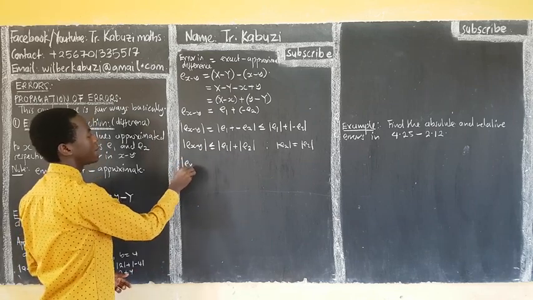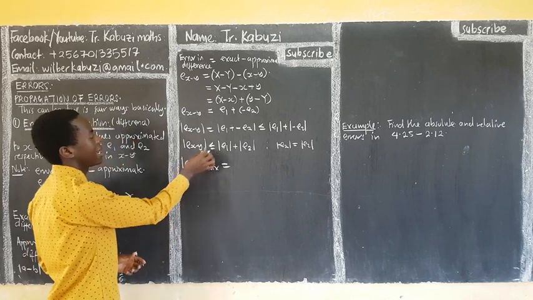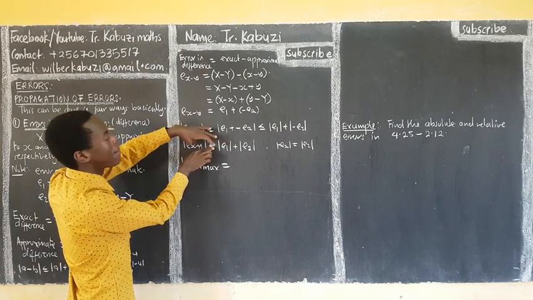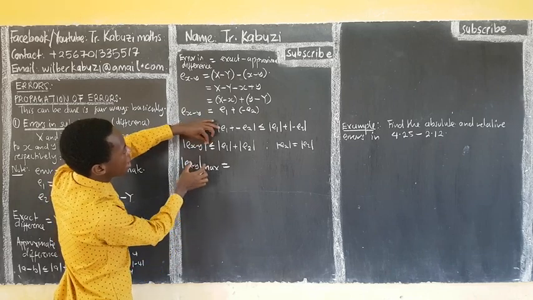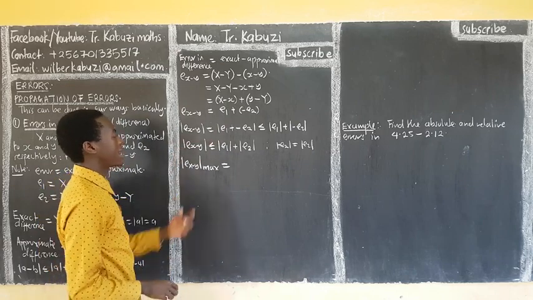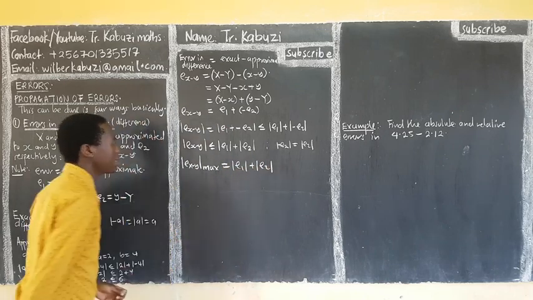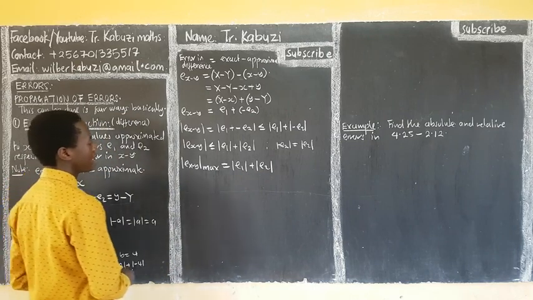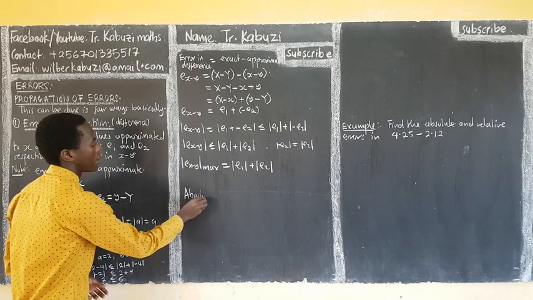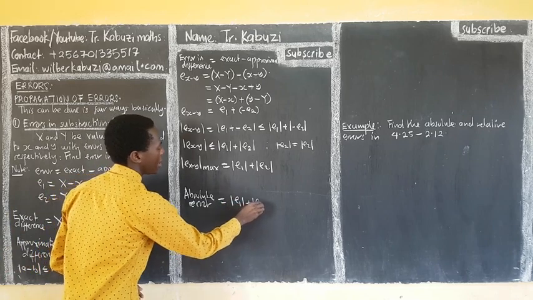The error can be less than or equal to this, but the maximum happens when the error is equal to E1 plus E2. So from there, we can get our absolute error. Our absolute error can be E1 plus E2.